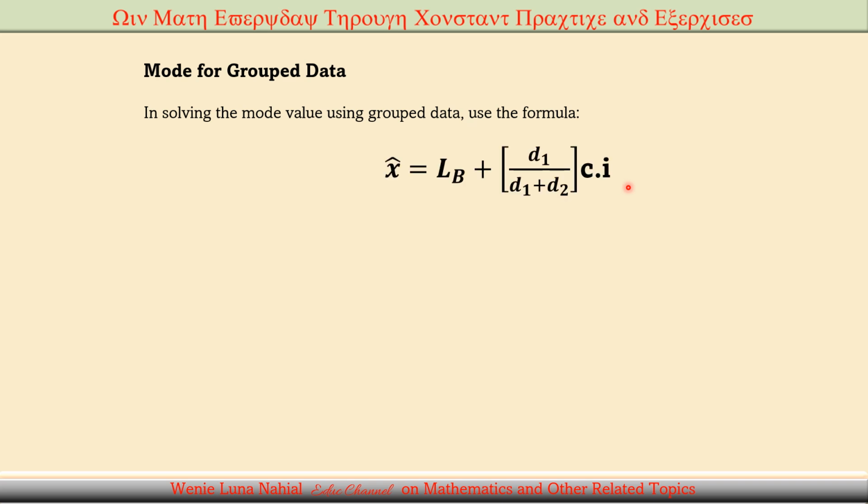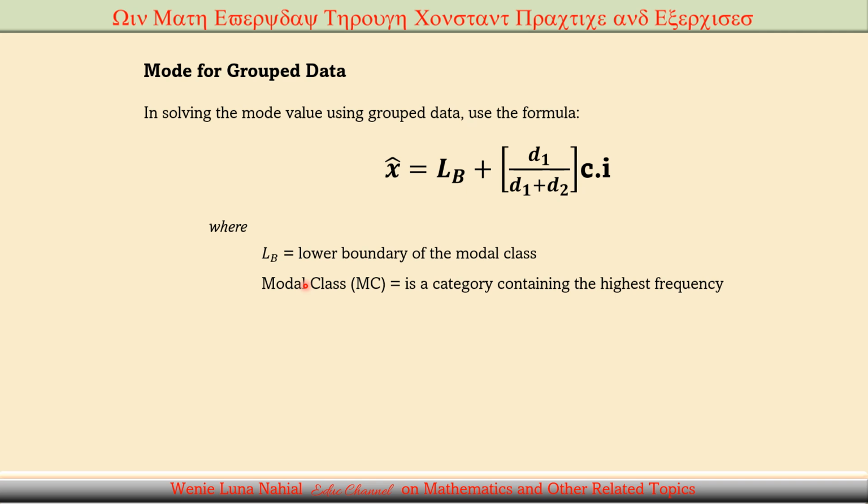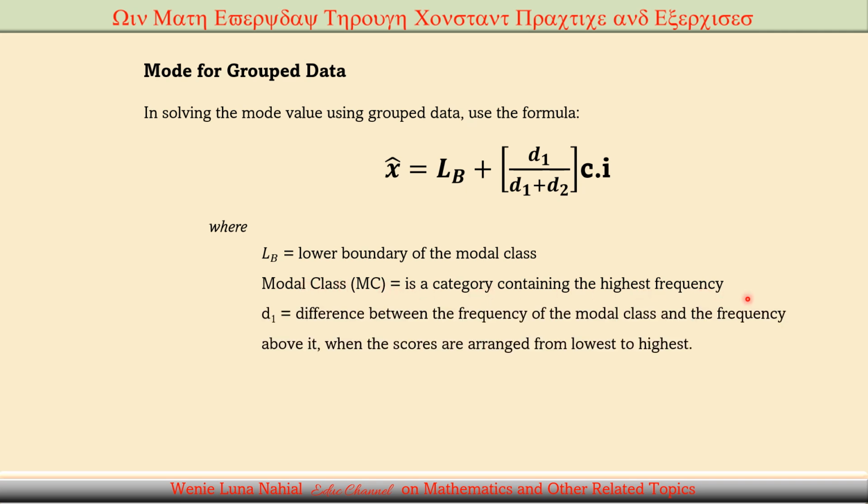Mode for group data. In solving the mode value using group data, use the formula: mode equals LB, that's the lower boundary, plus the quantity D sub 1 over D sub 2 plus D sub 1, times CI, where LB is the lower boundary of the modal class. The modal class is the category containing the highest frequency.